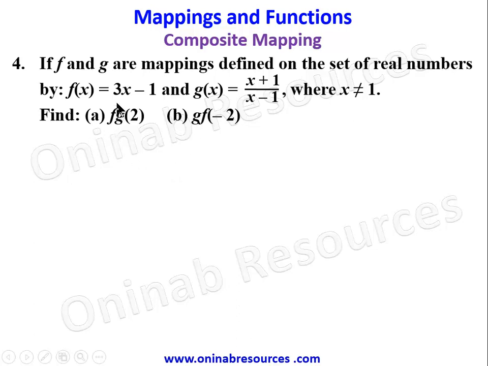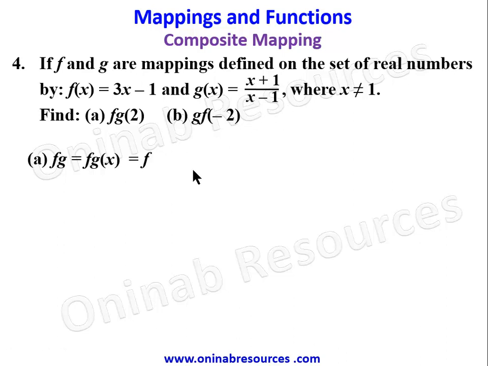So we start with a. First and foremost, we have to find fg. After finding fg, before we substitute 2 for x, we need the function. So this is fg of x, and our g of x is x plus 1 over x minus 1.